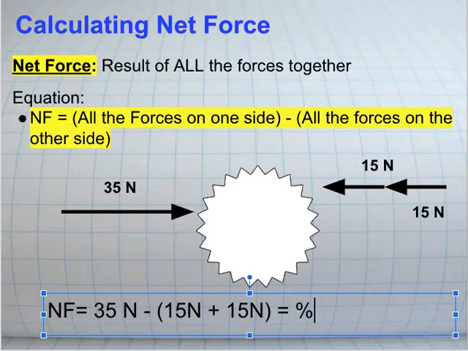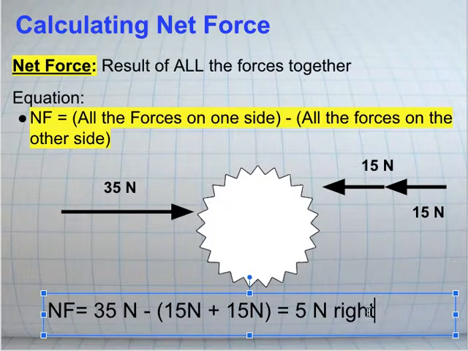So in reality, I have 5 newtons of net force. I also have to do one other thing. Remember, force tells us how strong it is, which is the 5 newtons, and it also has to tell me what direction it's going. In this case, it is going to the right because the right force is just a little bit stronger than both arrows going to the left.